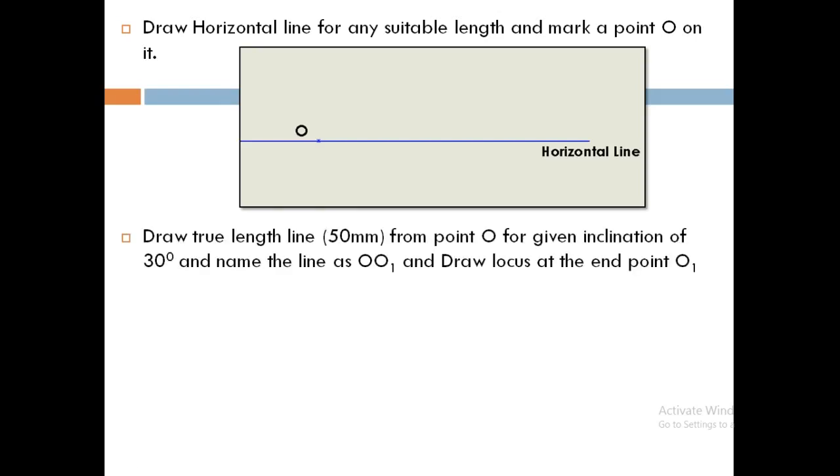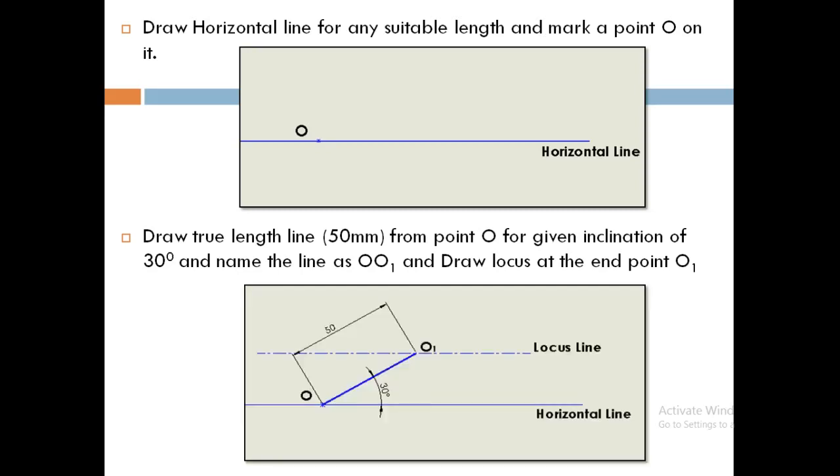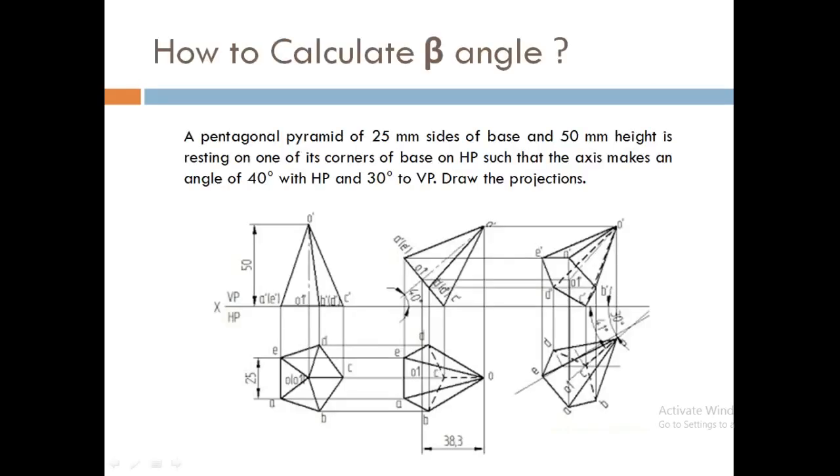In the second step, draw the true length of the axis from the point O for the given inclination of 30 degrees, name the line O1, and also draw the locus at the end point O1. Here, in the question, the axis length is 50 millimeter.